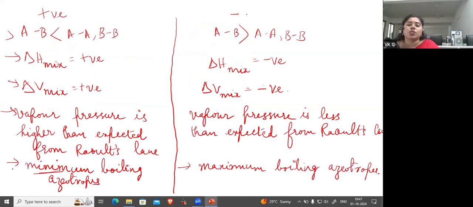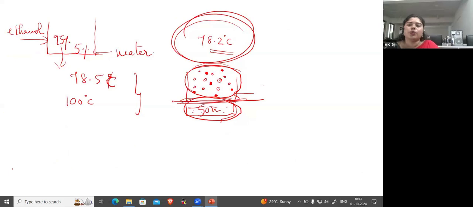Very, very important. So azeotropes are binary solutions which boil at constant temperature. I will just write it down. You please take it down, children. I will put the definition here.